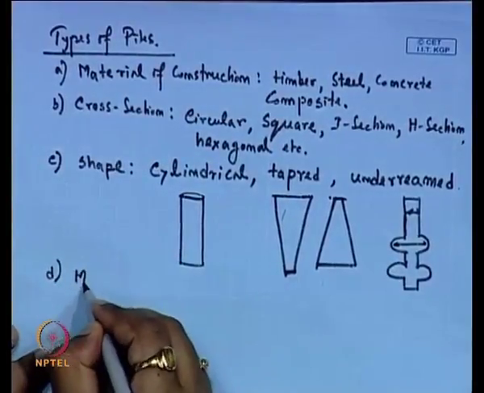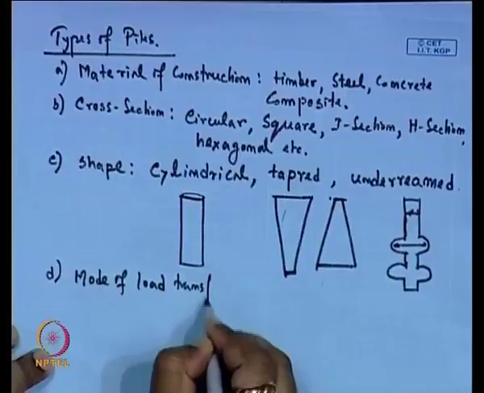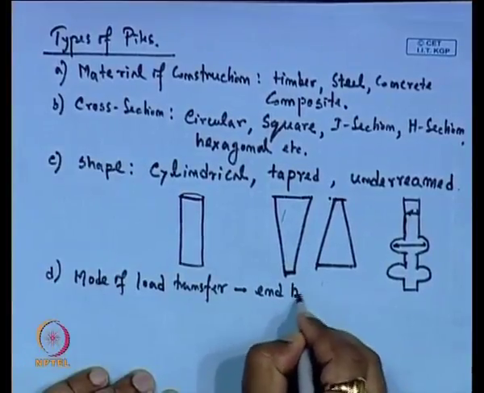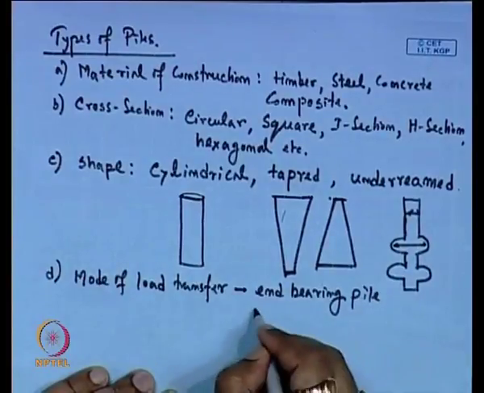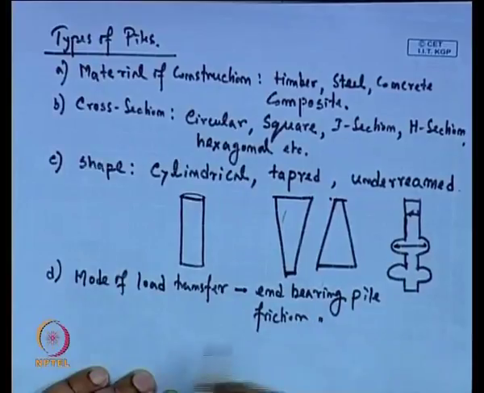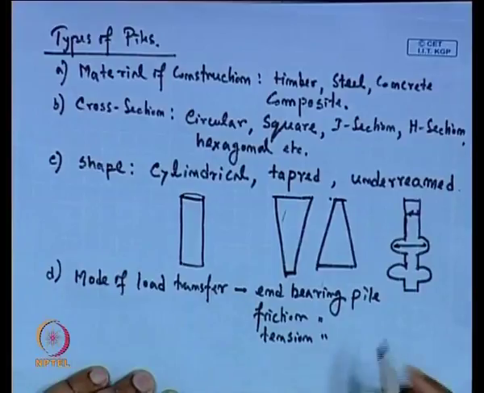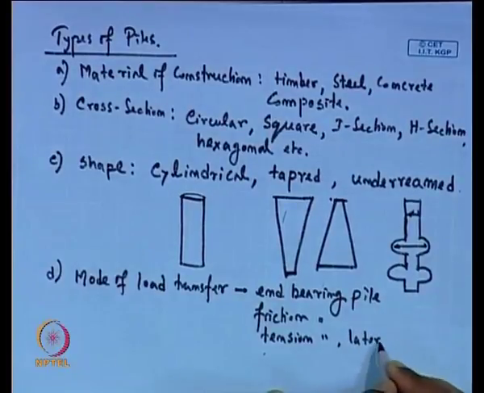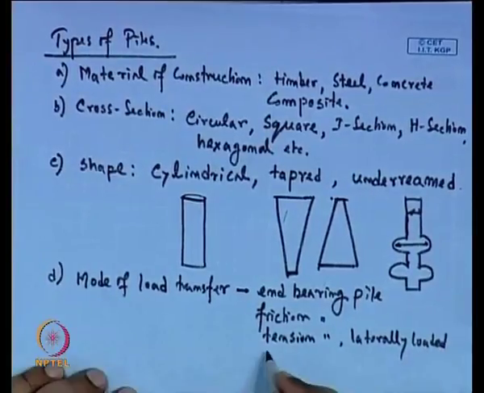So, next one is the mode of load transfer. Again, we can say this is the end bearing pile, all friction pile, or we can say this is a tension pile, that can be a lateral loaded pile, or a compressive pile.